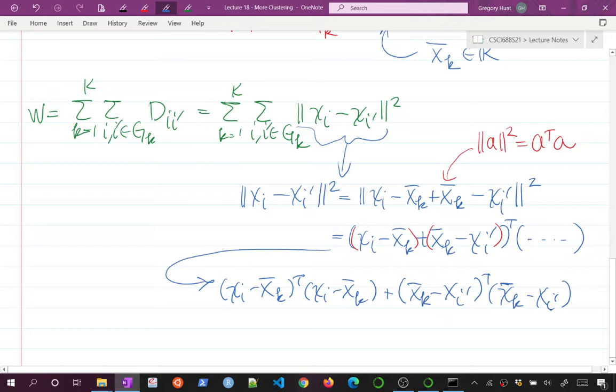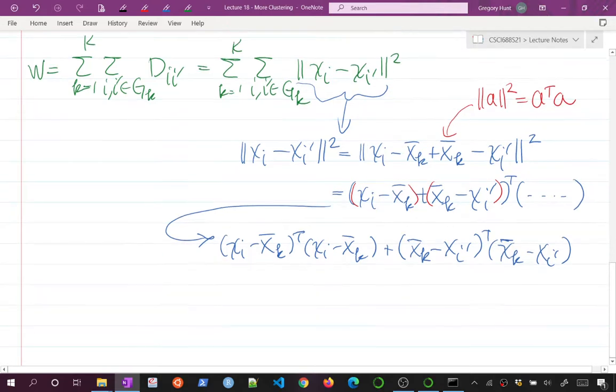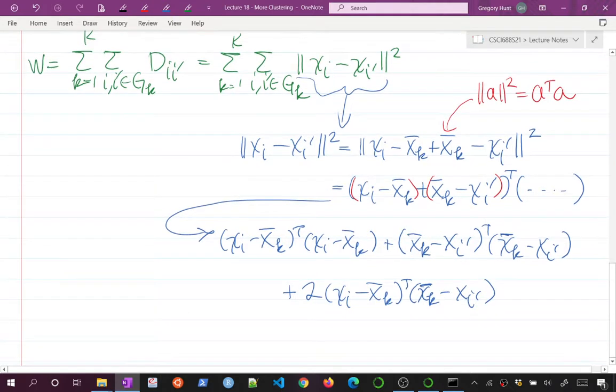This is basically like a FOIL method: first squared, last squared, and then I'll have two of the cross product terms, which is going to be xi minus x bar transpose x bar minus xi prime. Okay, so that was this inner part here.